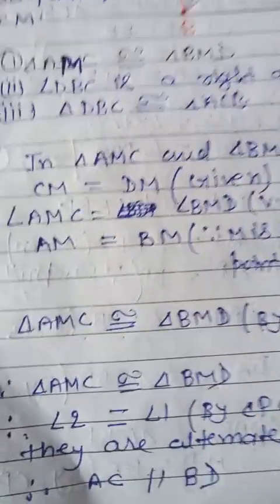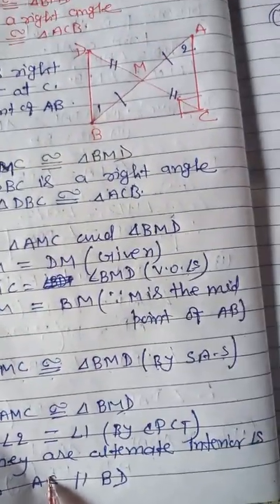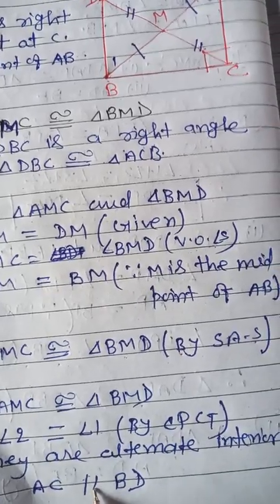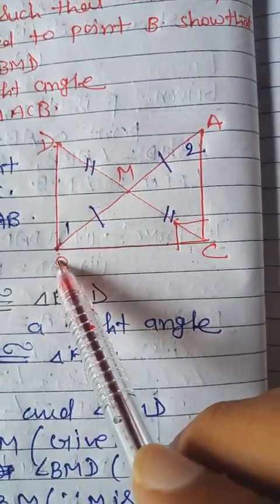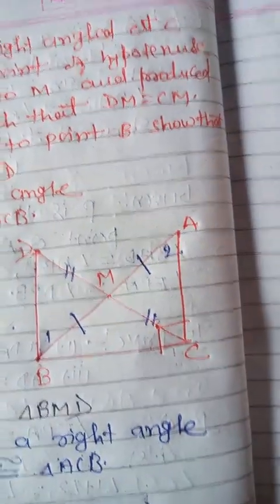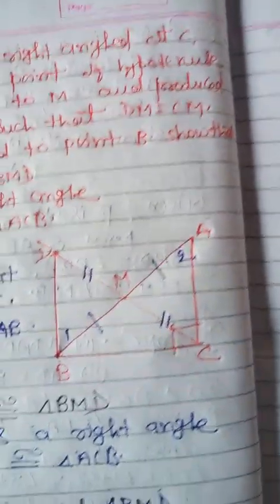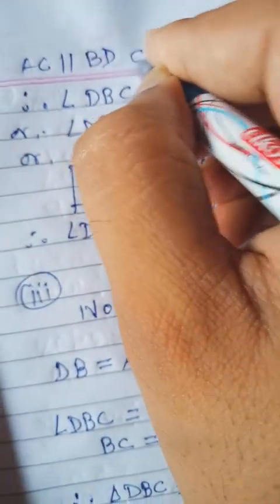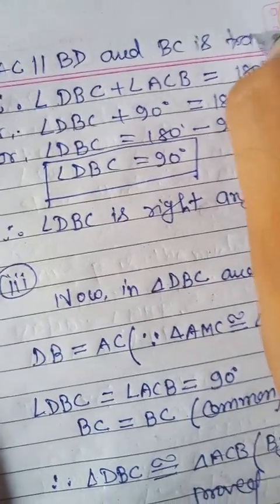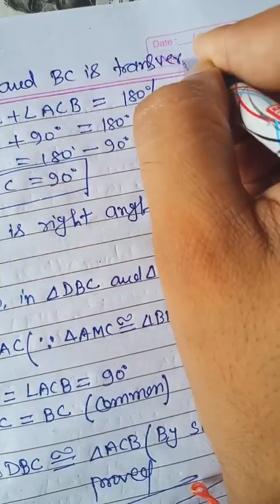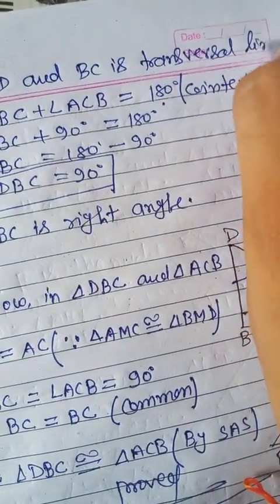So AC is parallel to BD, and BC is a transversal line.